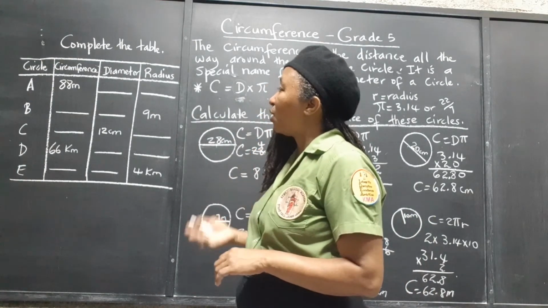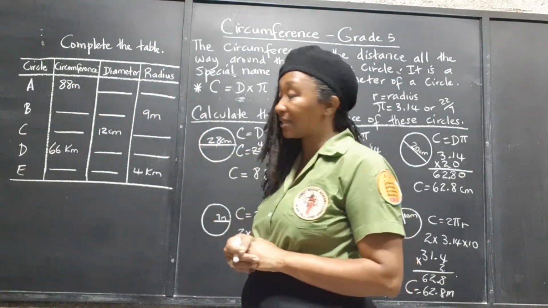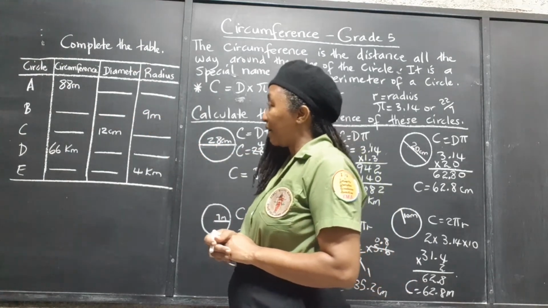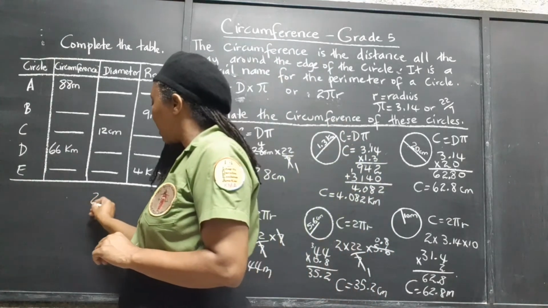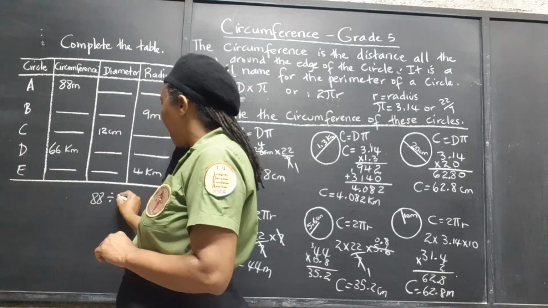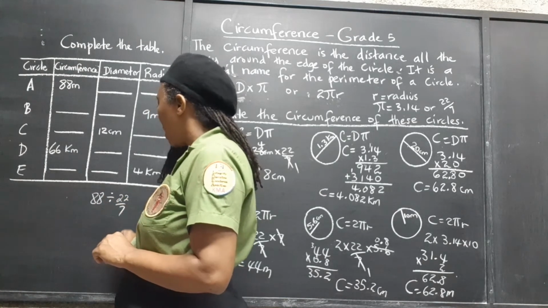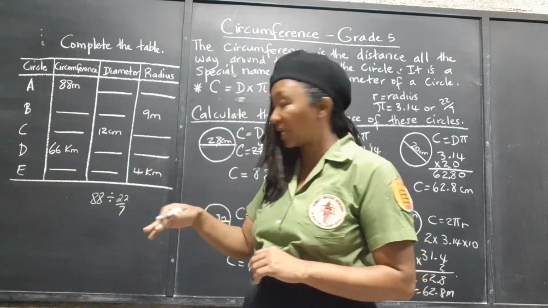Alright, so for circle A, if the circumference is 88, then the diameter is what? The circumference divided by pi. And when we're dividing by a fraction, we multiply by the reciprocal.